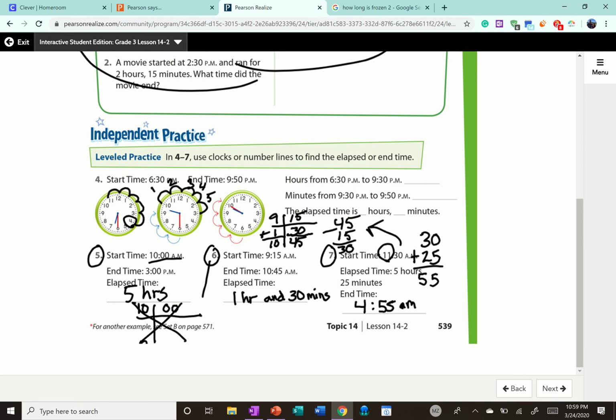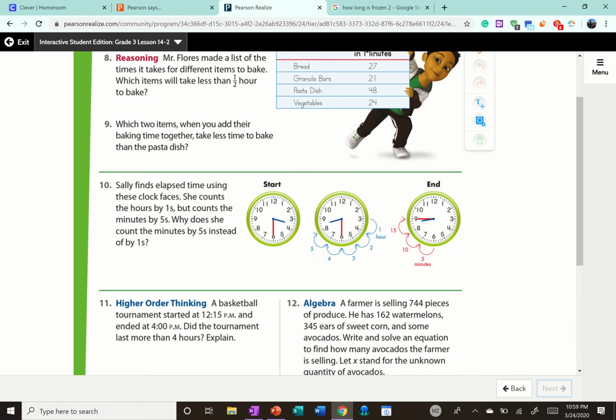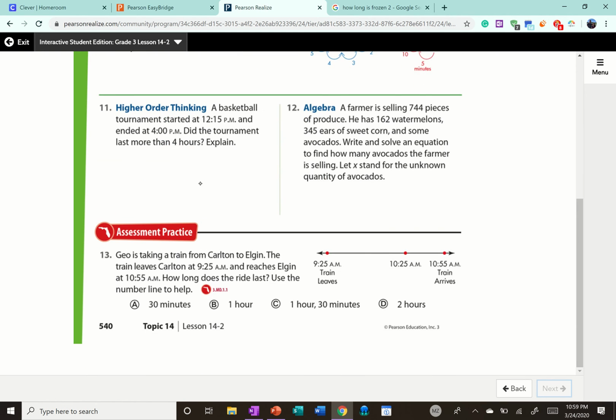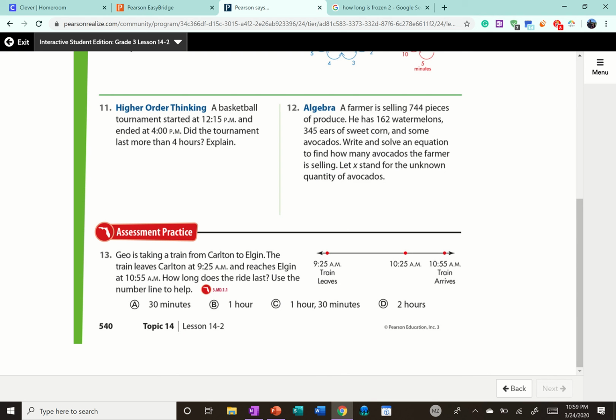Okay. At this point, I hope that you understand what to do. I'm going to have you on your own complete page 540. You don't need to do all these. The big ones that you need to do are number 13, if you could. 13. You definitely want to do number 11.